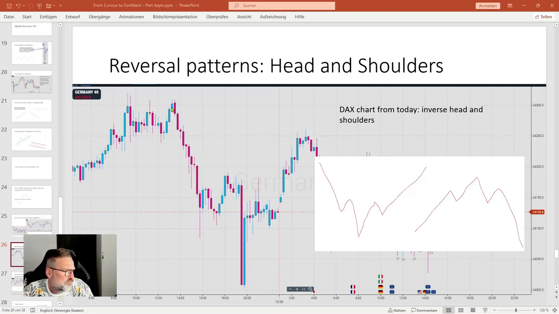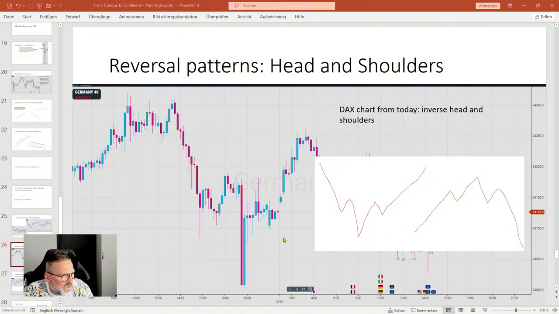Market came down, after that it went up, so you would have the neckline around here, connecting those two points. So you would buy here, and then probably you would say stop loss here is a little bit too far away, so we put it rather here below the lowest shoulder.